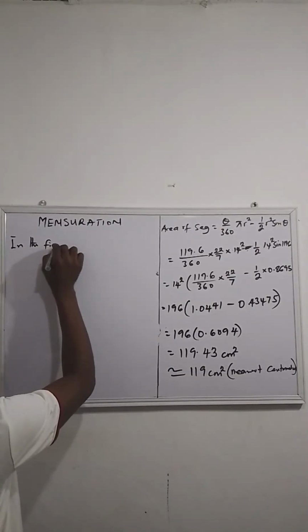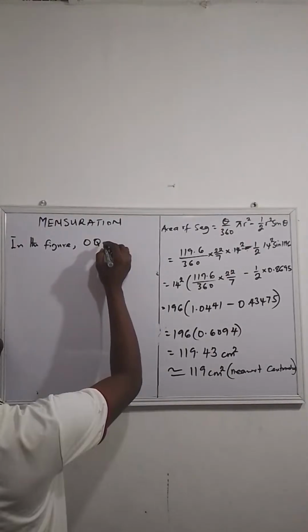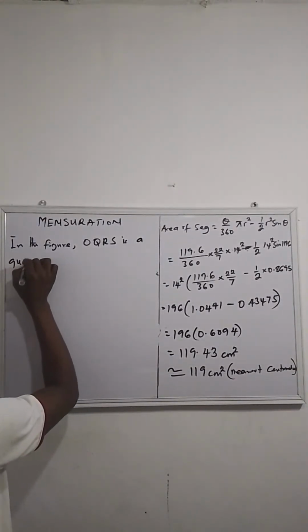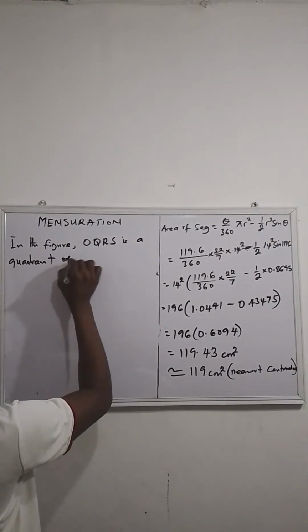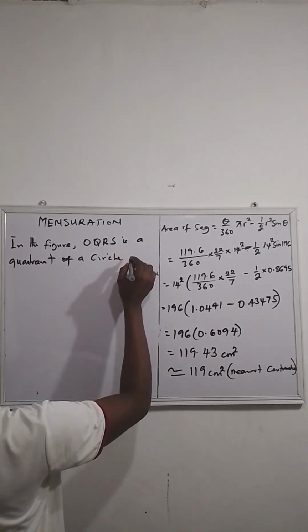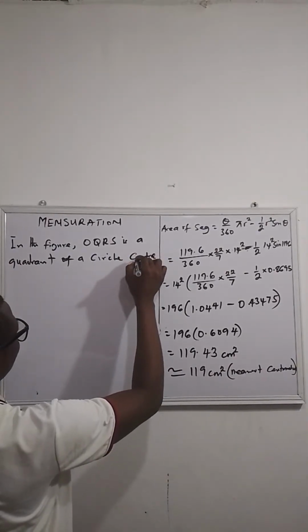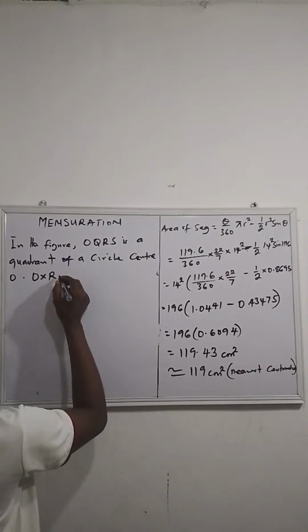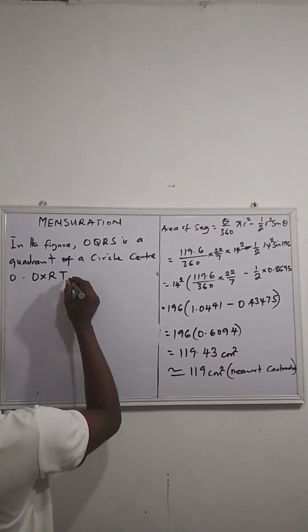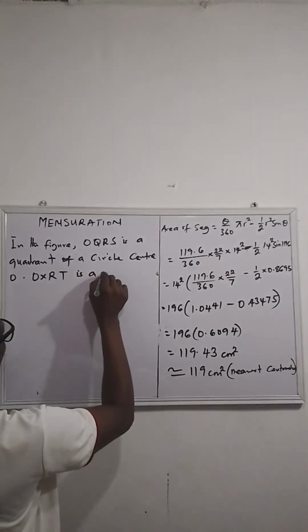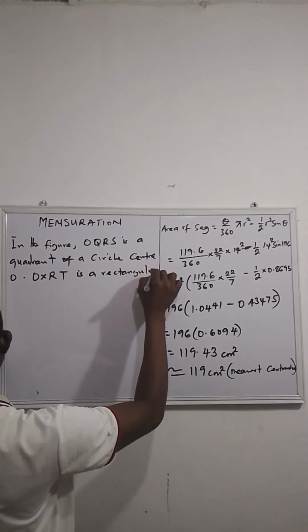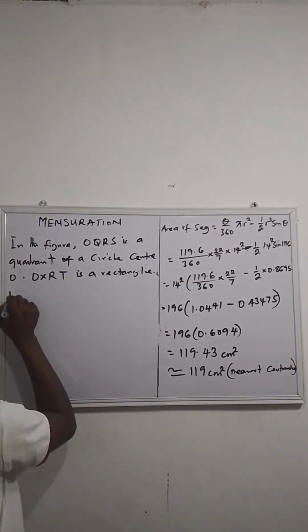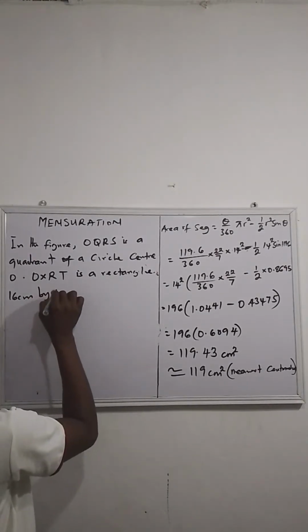In the figure, OQRS is a quadrant of a circle, center O. OXRT is a rectangle, 16 by 12 centimeters.